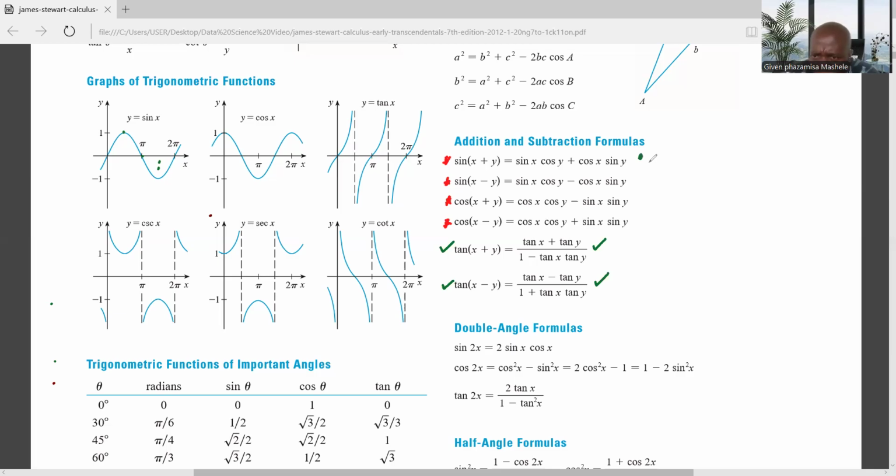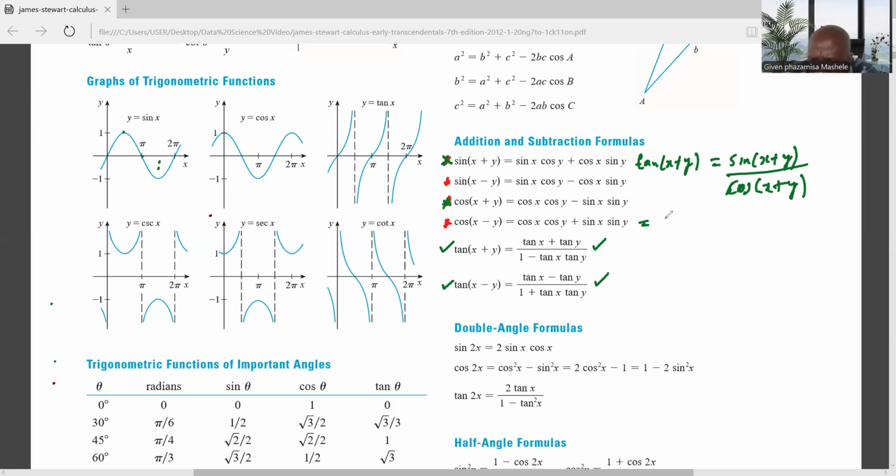So when we have tan of x plus y, we know tan is the same as sine over cos. So now I have expanded this to be the compound angle for sine and the compound angle for cos. We know for sine, it's sine cos, cos sine, you know these things.